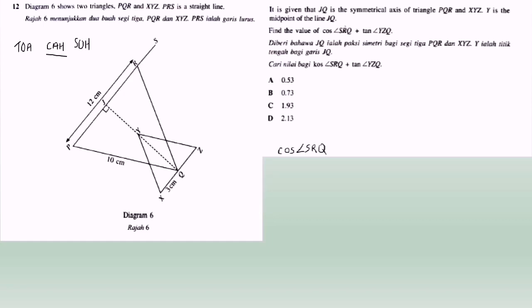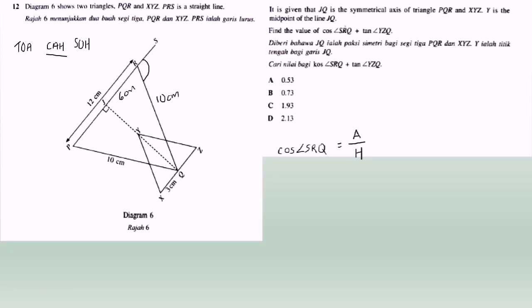So for cos, it is adjacent side over hypotenuse. The angle of SRQ is here. So adjacent side is JR 6 cm and hypotenuse is QR 10 cm. But the angle is outside.